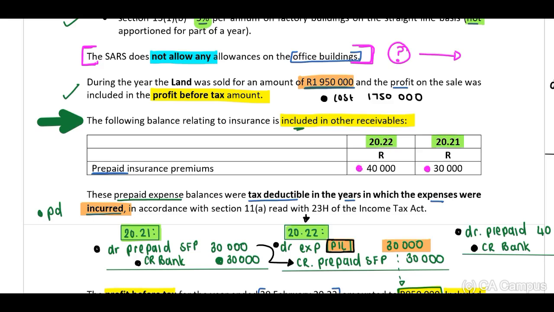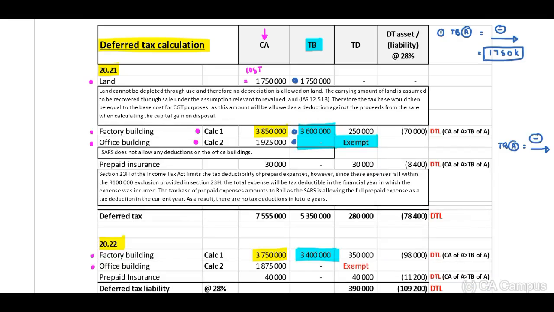Therefore, in our deferred tax calculation, we need to add our prepaid insurance, 2022 prepaid insurance. For accounting, we have our 30,000 and 40,000, right?